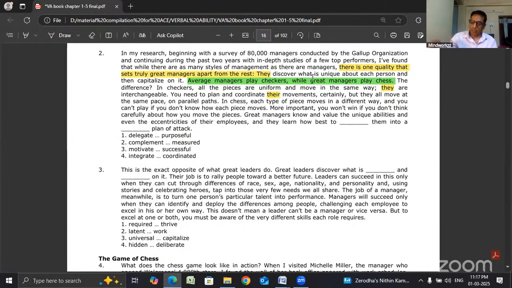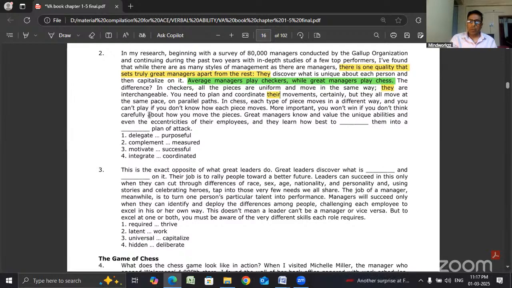I'm stopping in the middle just for your responses. Okay, anyway, let us do this. So you need to plan and coordinate their movement, certainly, but they all move at the same pace on parallel paths. In chess, each type of piece moves in a different way.